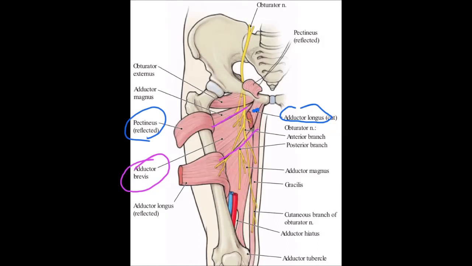So longus and pectineus are above the adductor brevis, on which is the anterior branch, whereas the green one is the posterior branch, that is behind the adductor brevis. So the anterior and posterior branches of the obturator nerve help us to identify the adductor brevis muscle. We have learned that during dissection, right? So this one is the diagram.